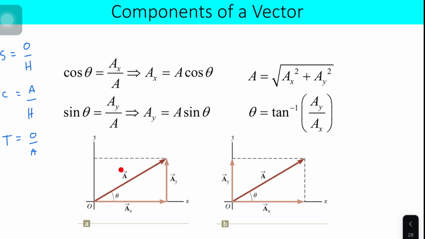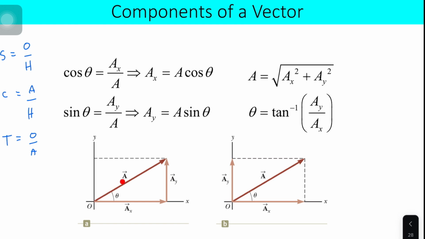So adjacent side is AX, hypotenuse is A. So AX is equivalent to A cos theta. For sin theta, it's opposite side over hypotenuse. The opposite side is AY, so AY is equivalent to A sin theta.